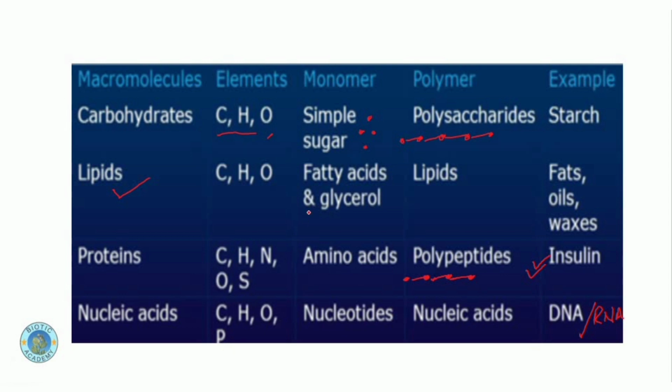So these are the monomers, and their long chains form the polymers. Here you can see these polymers, and their examples are here. So this is the brief information about these macromolecules of the living organism.